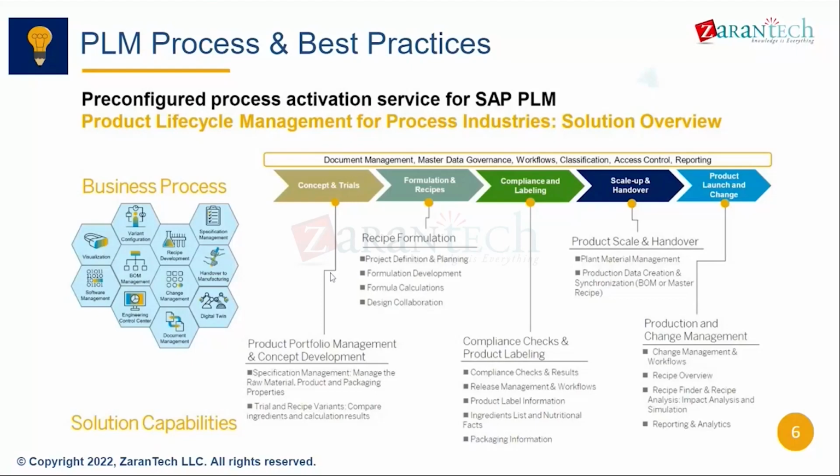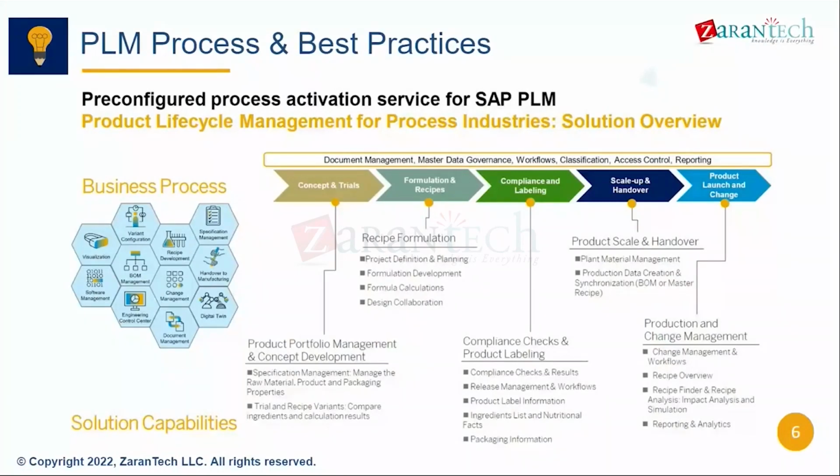On the left hand side you can see the solution capabilities and the business processes. Please remember this graphical representation is referred from the standard pre-configured process for SAP PLM, and there is a pre-configured license which needs to be bought from SAP.